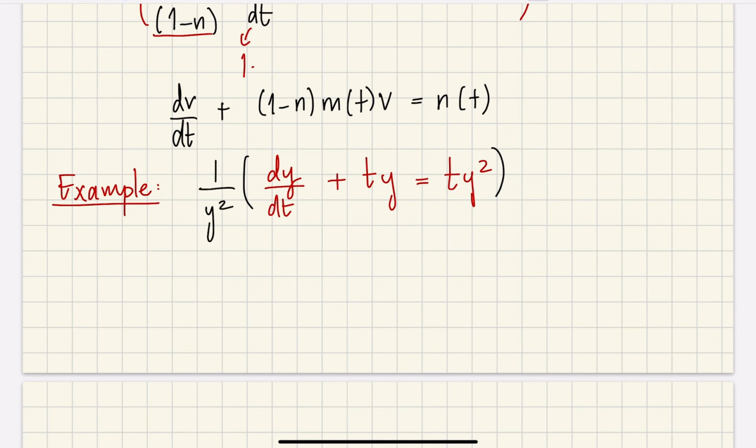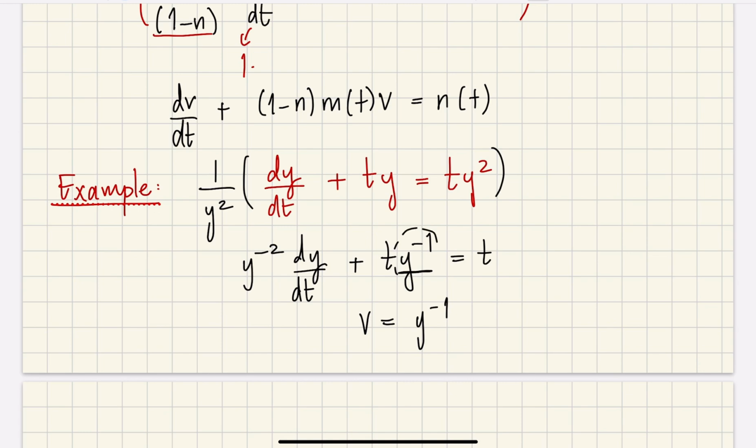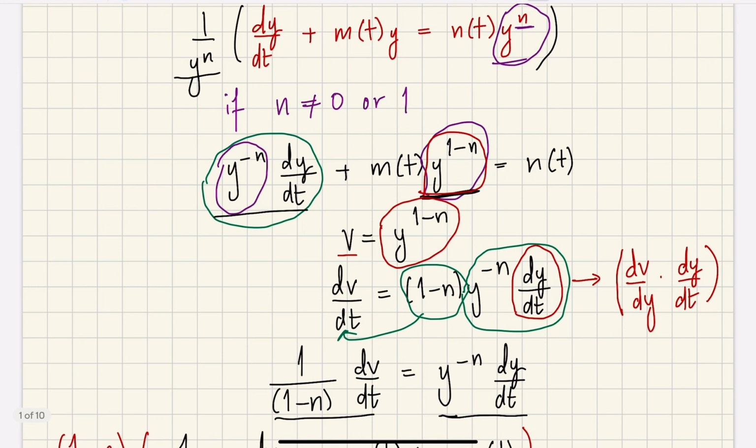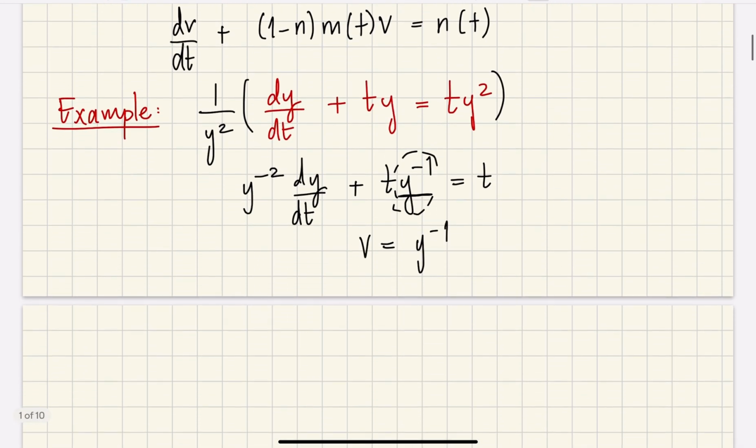So we will get y to the power negative 2 dy over dt plus ty to the negative 1 is equal to t. So now it's time to introduce our variable v, which is v is equal to y to the power negative 1. The same thing as here. That's what you do. Anything that you see over here next to m of t is what you're gonna equate your new variable as.